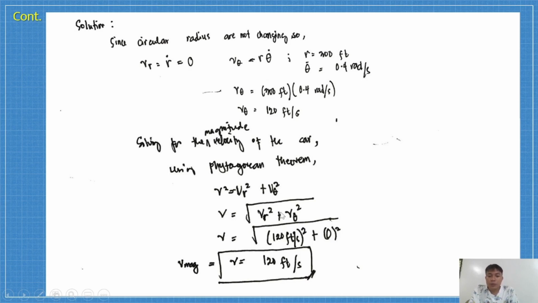Since we have 120 feet per second as the value of v theta, and v r is zero because the radius of our circle is not changing, we get 120 feet per second as the velocity magnitude.